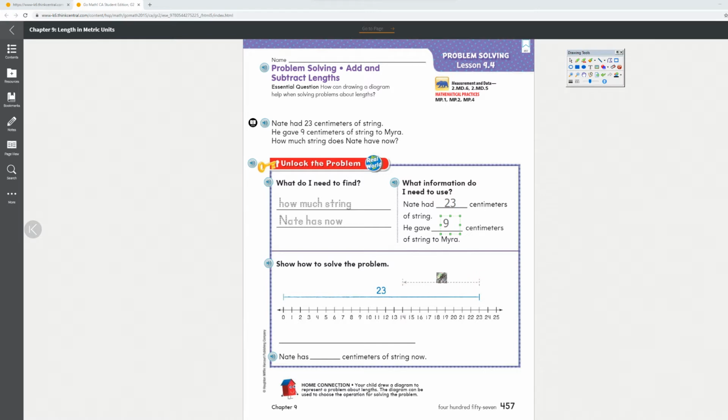So 14 plus 9 should equal 23. All he did was count 9 down. And his answer is where he left off, which is 14. So after giving his 9 centimeters of string to Myra, Nate is going to have 14 centimeters of string remaining.